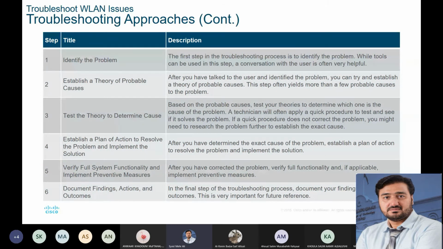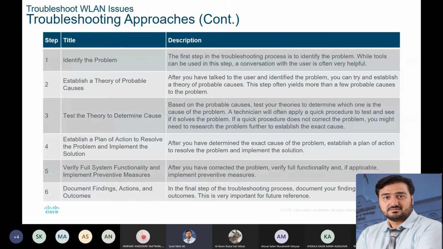It means that next time the same problem should not be raised, should not be caused, should not be repeated again. So you need to implement preventive measures.